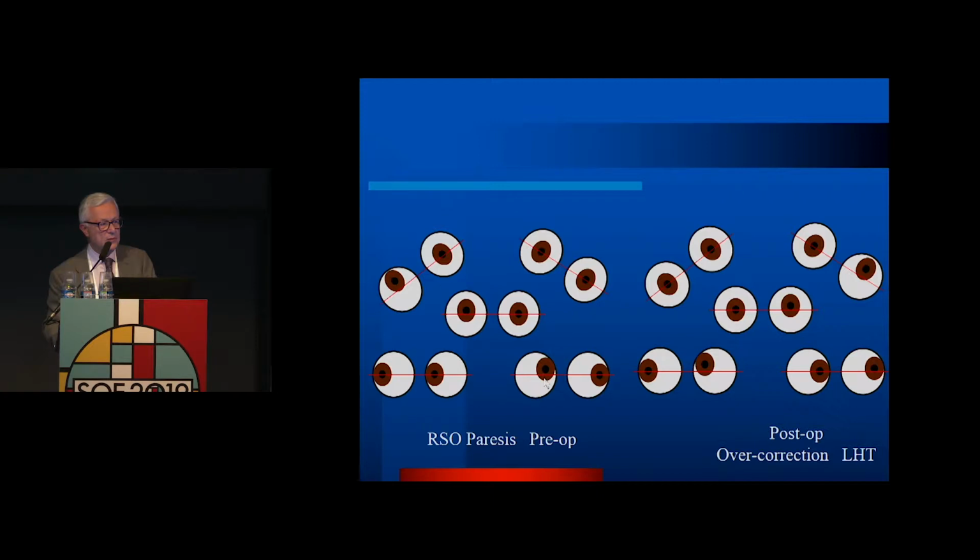And postoperatively, this is an overcorrection, and the patient went from a right hypertropia to a left hypertropia or a right hypotropia. And what we had on head tilt, et cetera, follows the fact that this is an overcorrection and not a missed contralateral superior oblique.